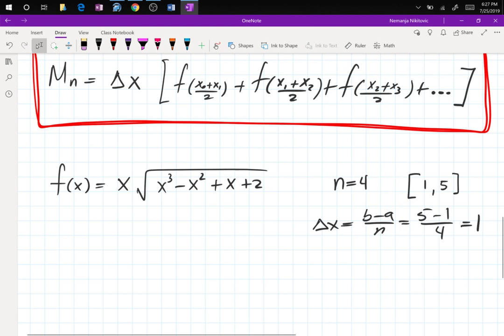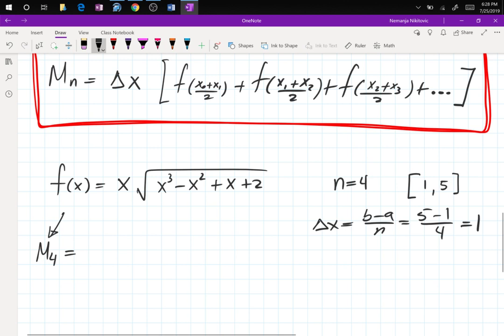Perfect. My M4, which means use the midpoint to calculate area, because we are going to have a T next for trapezoid rule, and then S. So you can have M4, S4, T4 that all calculate the same area in a different way, so you're going to get different numbers. So that's why we don't use A4 here.